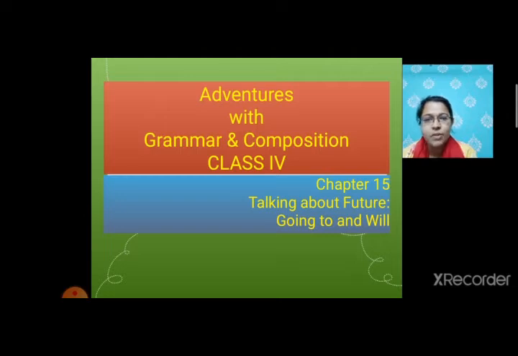For example, if you have planned a picnic on next Sunday, you can say I am going for a picnic on next Sunday. Or we use going to when we know exactly what will happen next based on what we see or know now. So we use going to when we know exactly what will happen, that is, on the basis of the current situation.